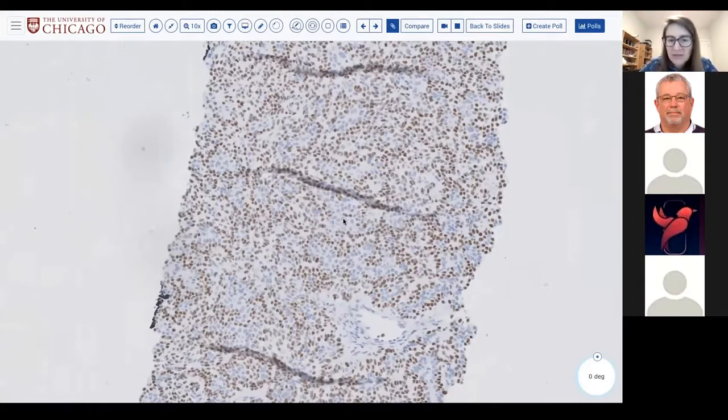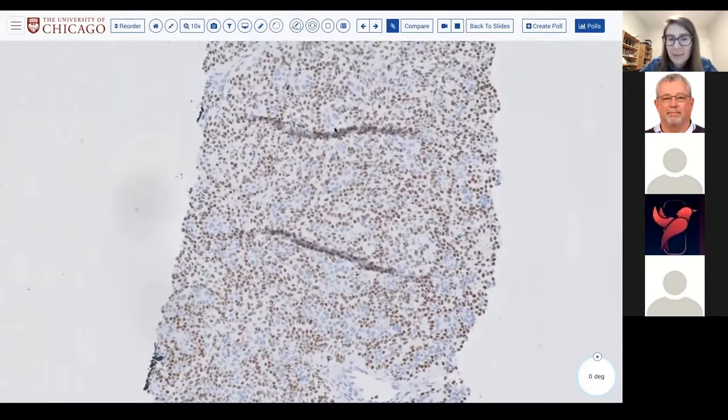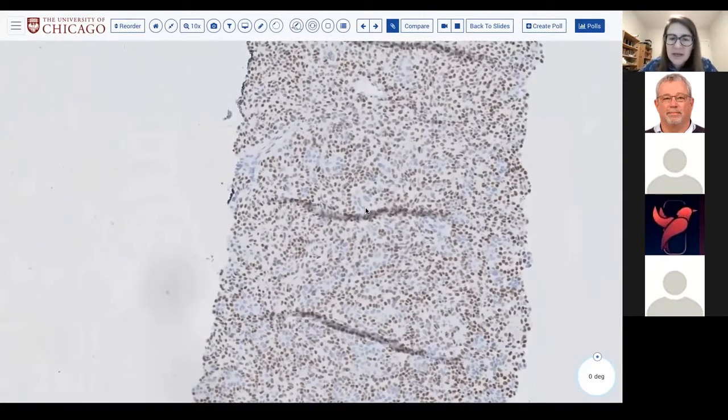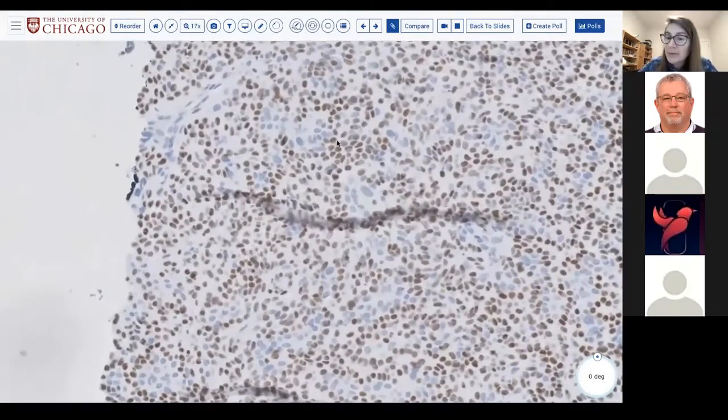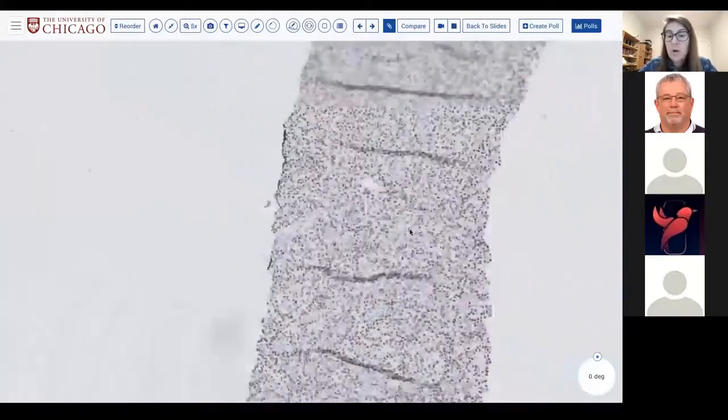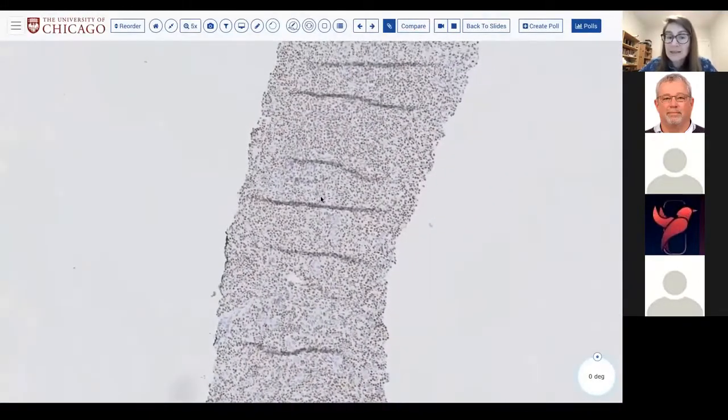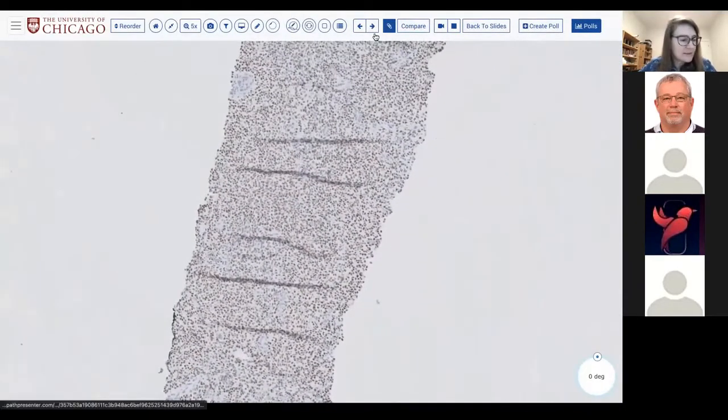So you can see that there are certainly P40 positive myoepithelial/basal cells, and there is a negative population, a population of cells where the nuclei are not staining for P40, and a significant population where they are. So one is probably now at least in the category of a biphasic neoplasm.